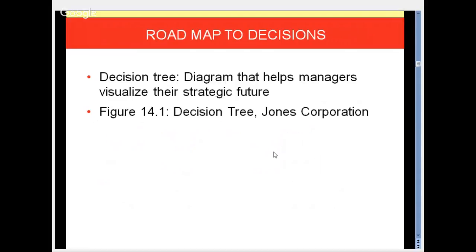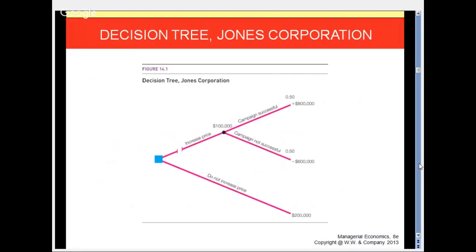Okay. The next thing we're going to look at is a decision tree. It's simply a diagram that helps managers visualize their strategic future. It looks a lot like the trees that we had in game theory. But here there are two choices, and we don't have to worry about what somebody else does.